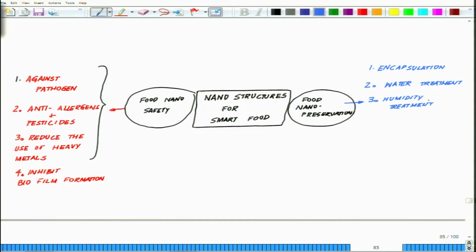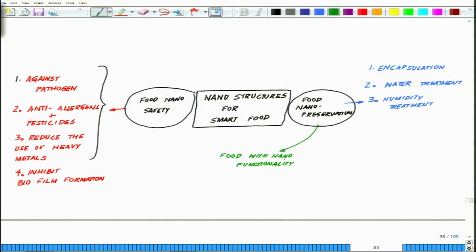Okay. Now this food preservation will lead to food with nano functionality, which is why we call them smart food. Food with nano functionality.